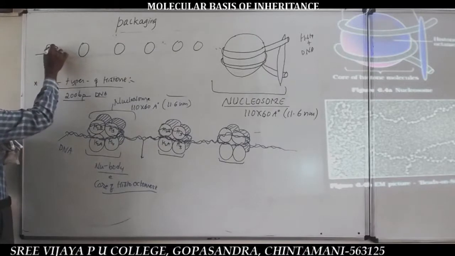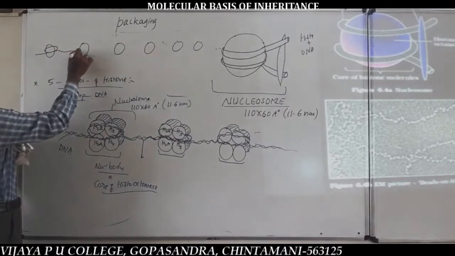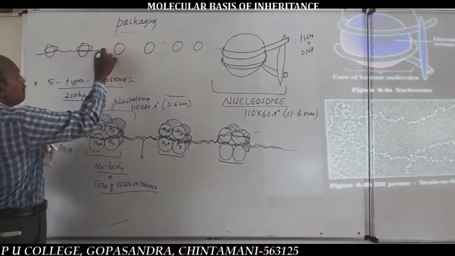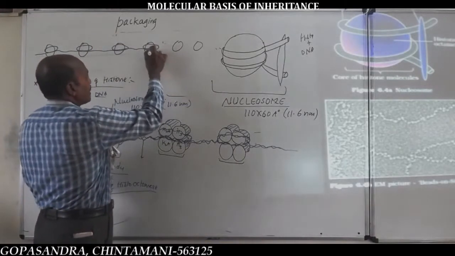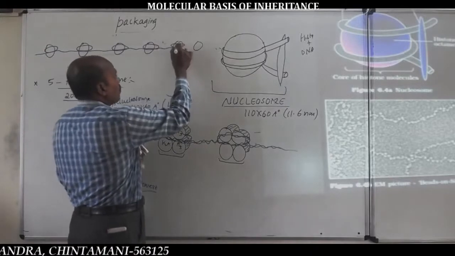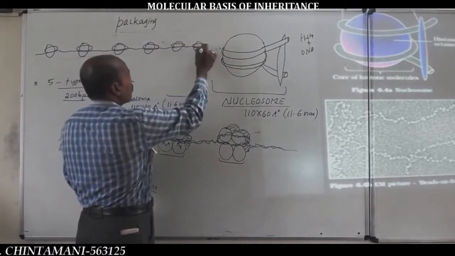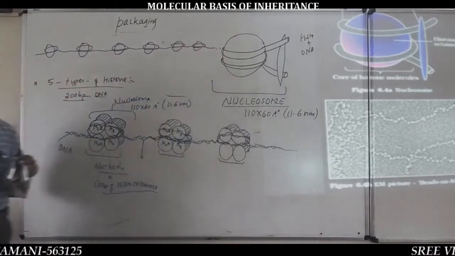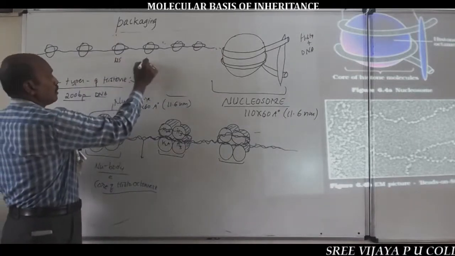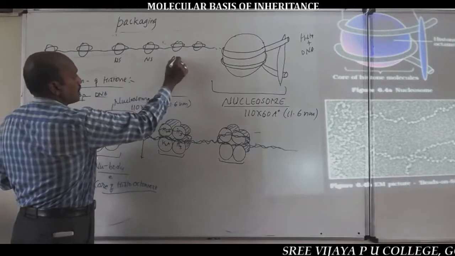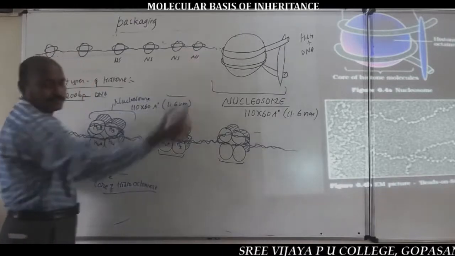These ball-like histone octamers are wrapped, covered by double-stranded DNA with 1 3/4 turn to produce a number of nucleosomes arranged alternatively.